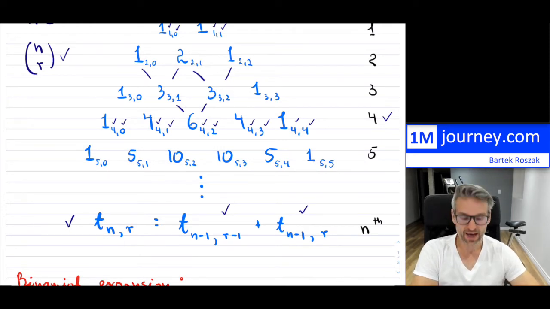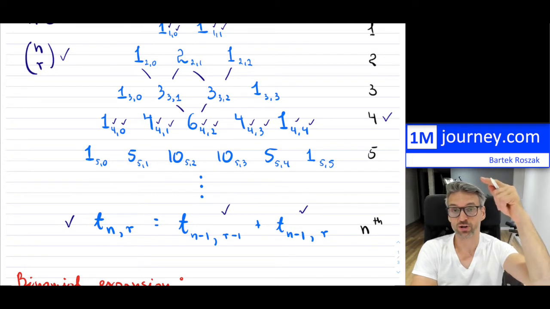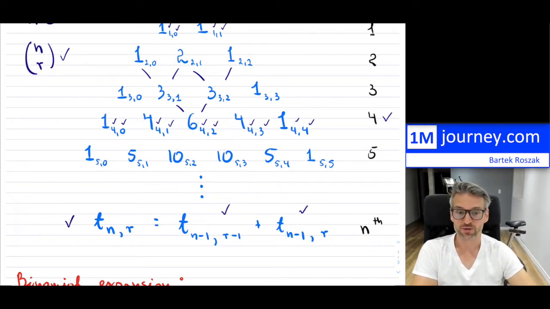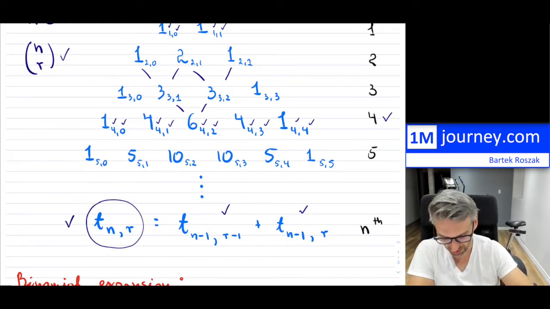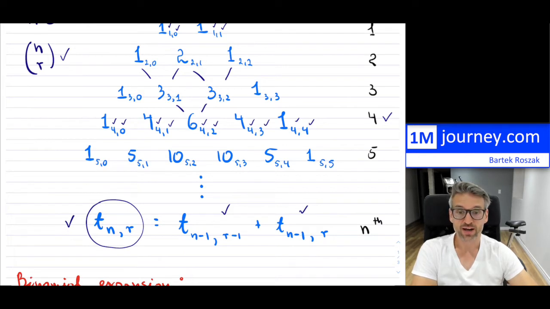The problem with that was that now you have to know the previous terms on the previous row. So what if we wanted to just find out what this particular term in Pascal's triangle is without actually knowing the previous rows at all?